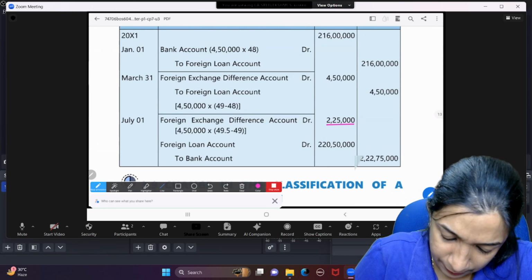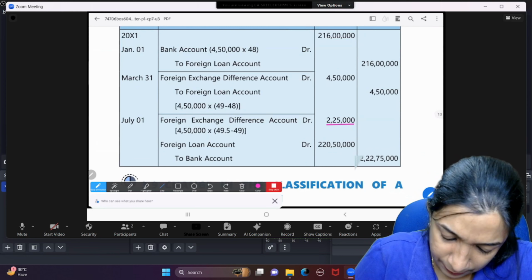AS 2. Inventory you bought from a foreign country, imported. The cost was $1 lakh, and when you bought that inventory, the dollar rate was 70. Now, to measure the NRV, let's take it as $75,000.